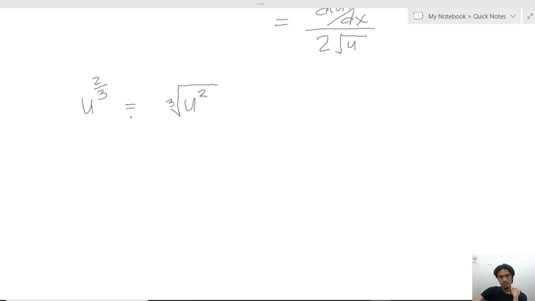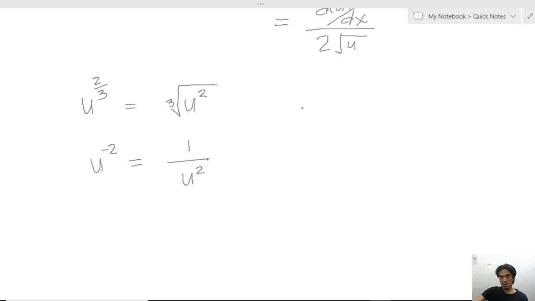Okay? And u raised to negative 2 can be written as the reciprocal of u raised to positive 2.